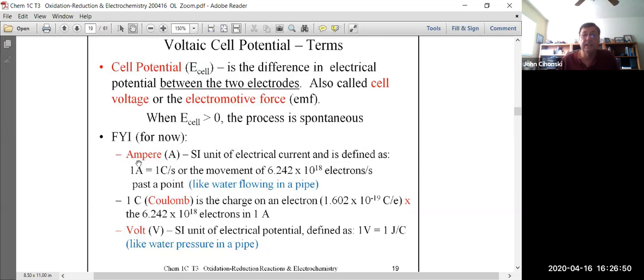Now, the ampere, you've probably heard of amperes or current. A is the symbol for ampere, and 1 ampere is defined as equal to 1 coulomb per second. 1 coulomb is a unit of charge.